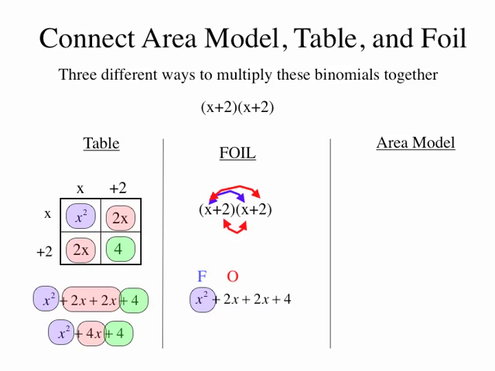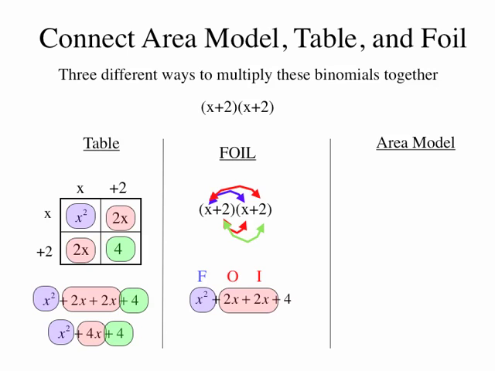That gives us 2x. When we multiply the inner terms together, 2 times x, that gives us the I in FOIL. That also happens to give us 2x in this case. Notice how the 2x plus 2x in FOIL corresponds to the 2x plus 2x from the table.